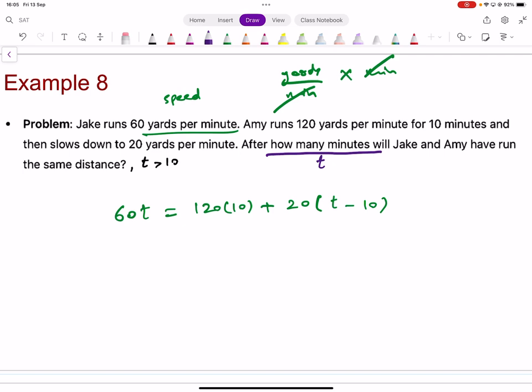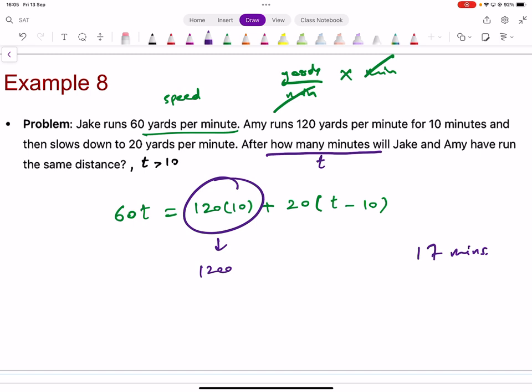I was giving an example: let's say 17 minutes have passed. Let's assume 17 minutes have gone by since they started running. Okay? For the first 10 minutes, Amy is traveling at 120 yards per minute. How much distance is traveled in that time? 1200. 120 times 10. Now out of 17 minutes, how many minutes are left? 7. For the remaining 7 minutes, she's now traveling at 20 yards per minute.